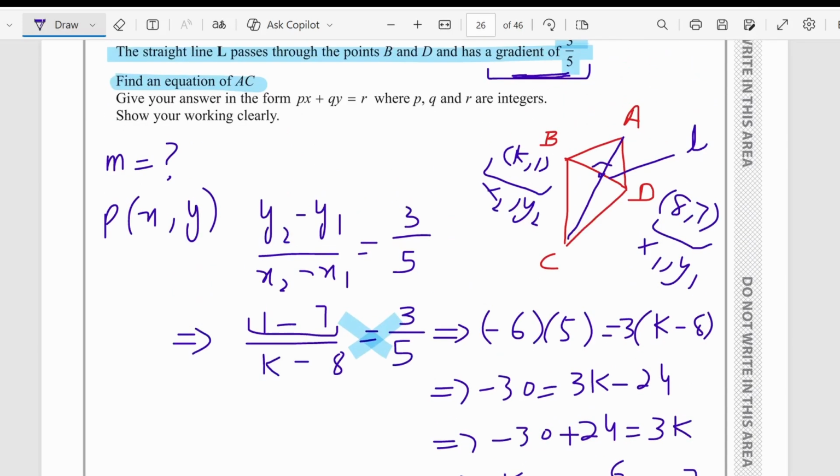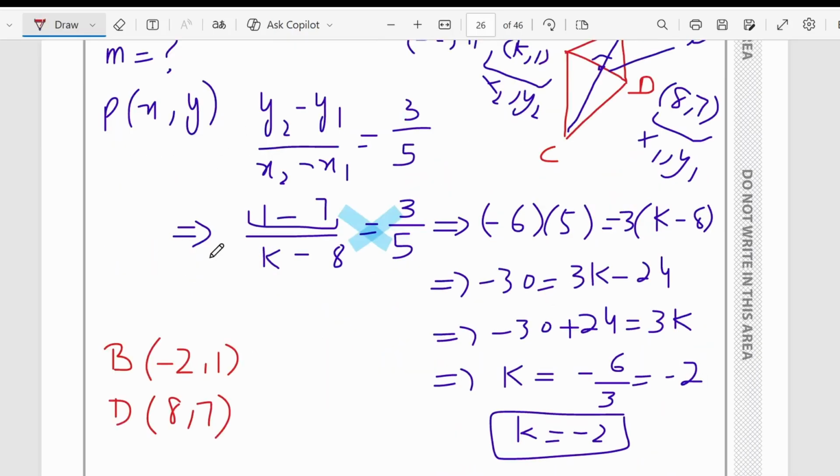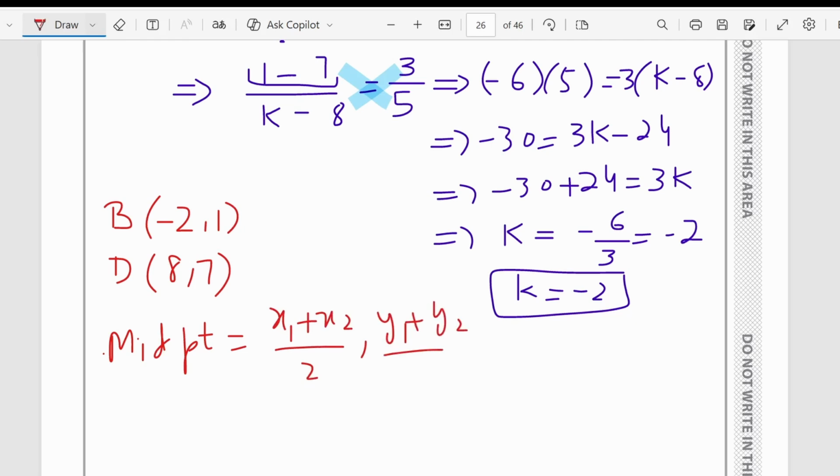By using this value, we can find the midpoint of BD. As I said earlier, the two diagonals of the kite always bisect each other. Bisect means they pass through their midpoints. We have points B (minus 2, 1) and D (8, 7). We can find the midpoint of BD by using the formula x1 plus x2 divided by 2, y1 plus y2 divided by 2.